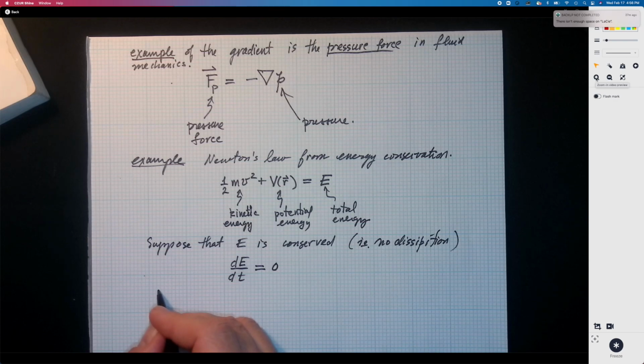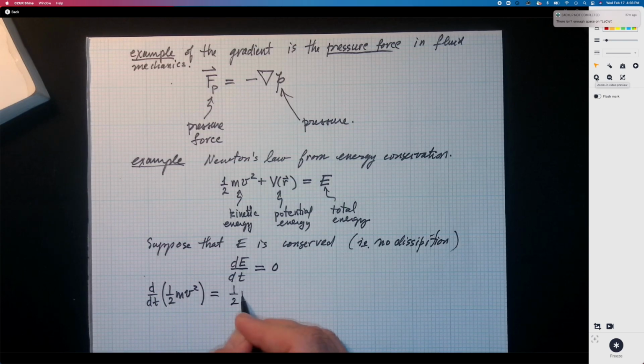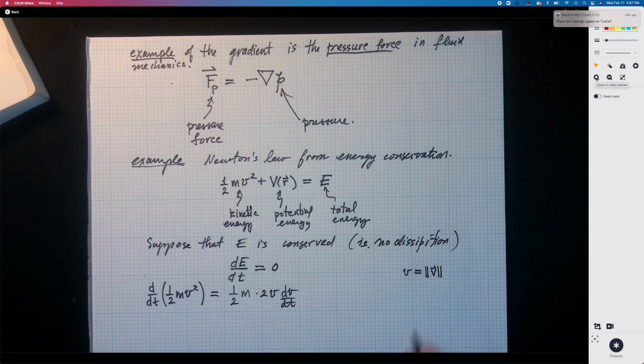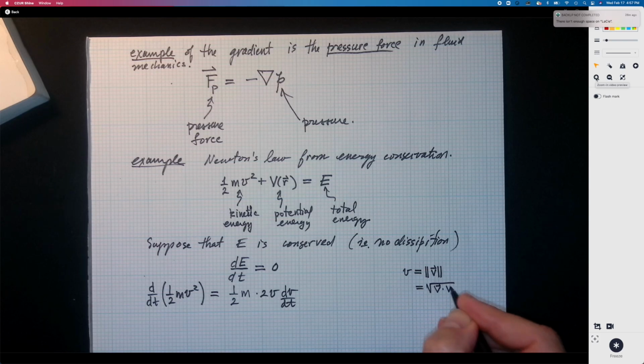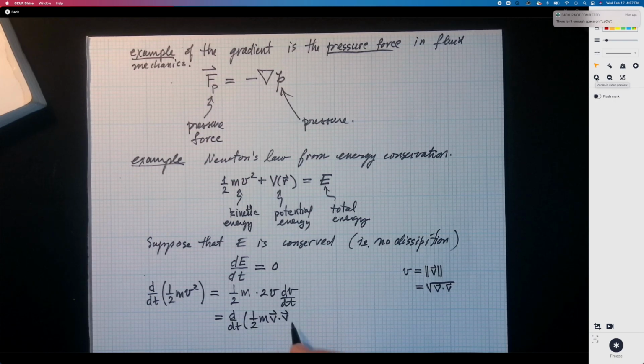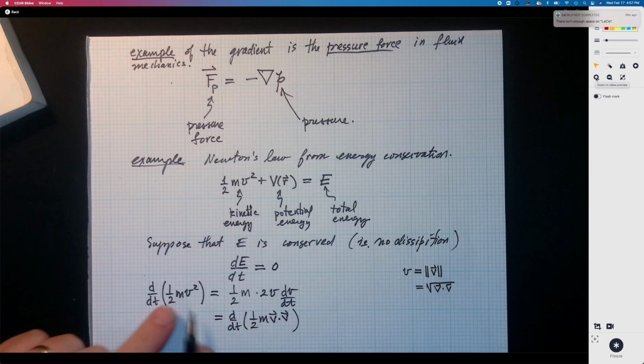So let's compute the time rate of change of the kinetic energy, d by dt of 1/2 m v squared, where v is equal to the magnitude of the vector v, which is equal to the square root of v dotted with v. So I can rewrite this expression as d by dt of 1/2 m v dotted with v, because v dotted with v is the magnitude squared.